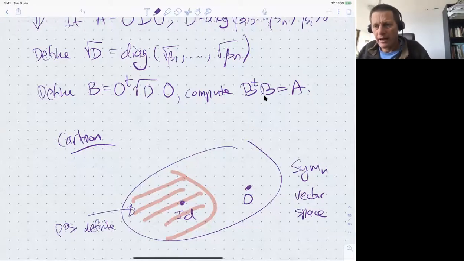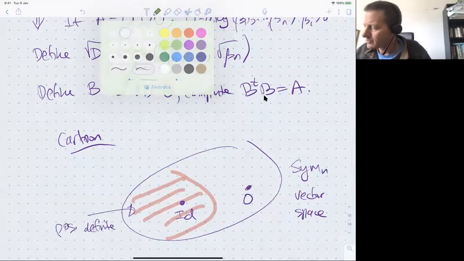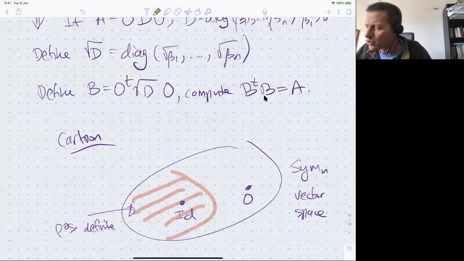Okay, and the way we're going to think about this picture is we're going to think about the symmetric matrices in two different ways. It's going to be the space where the positive definite matrices live, and it's also going to be the tangent space to the space of positive definite symmetric matrices. What I mean by that is you can think about tangent directions in the space of symmetric matrices.